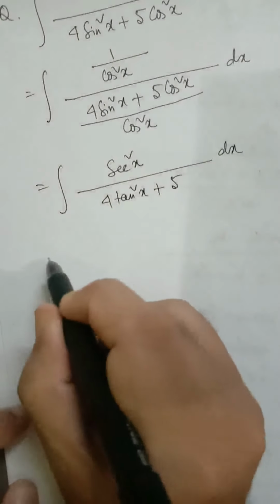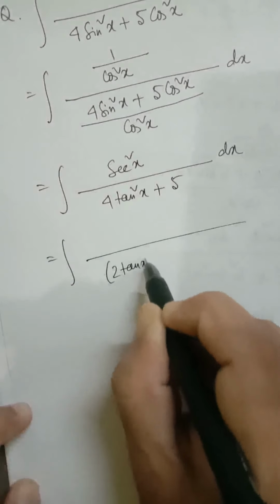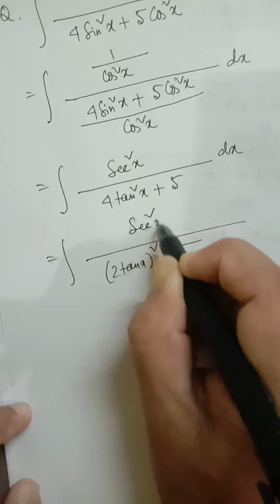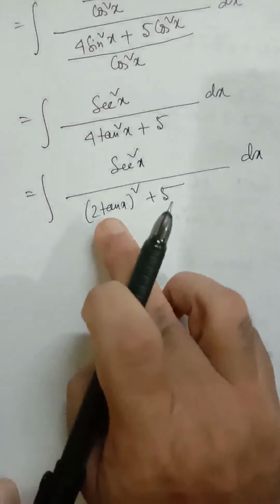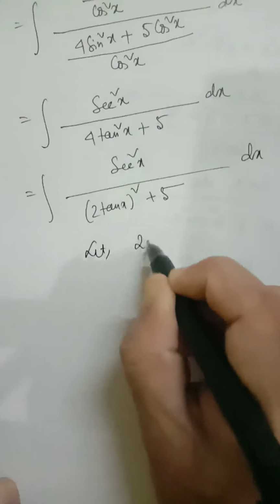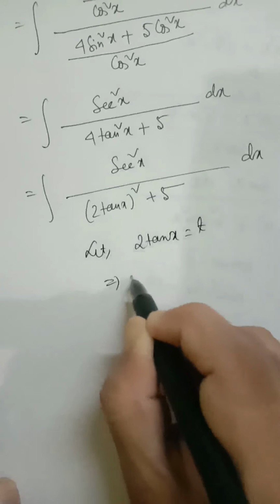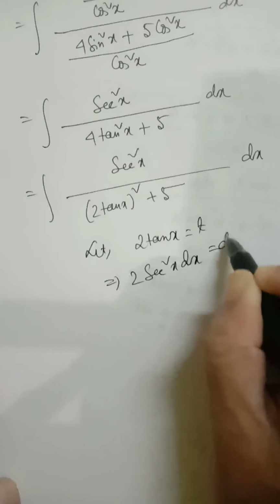Now 4 tan square x we can write as 2 tan x whole square, plus 5, and the numerator will be sec square x dx. As the derivative of tan x is sec square x, we will put 2 tan x equal to t, and its derivative is 2 sec square x dx equal to dt.